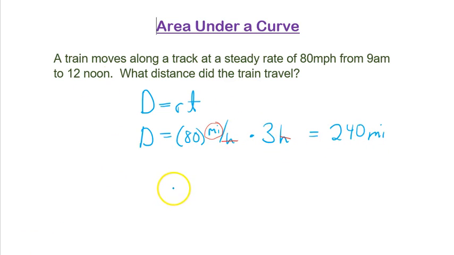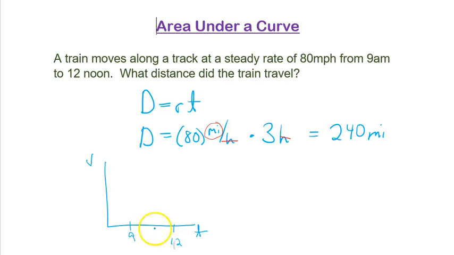Okay, now I want you to think about that another way. I want you to think about what the graph of that would look like. So I want us to just create a little axis. We're going to graph the velocity or the rate on the y-axis and the time on the x-axis, and we're just doing basic. Our times that are important are 9 and 12.